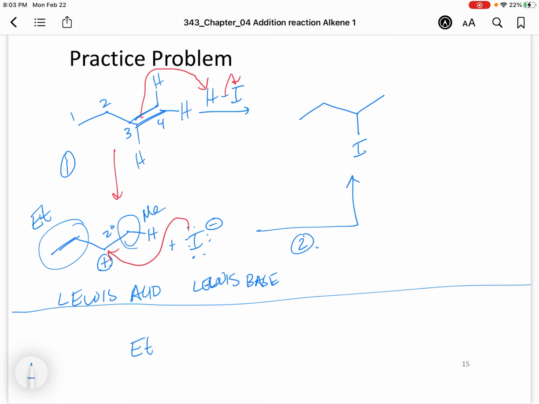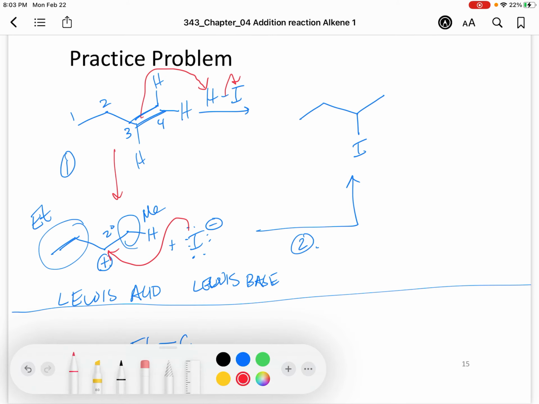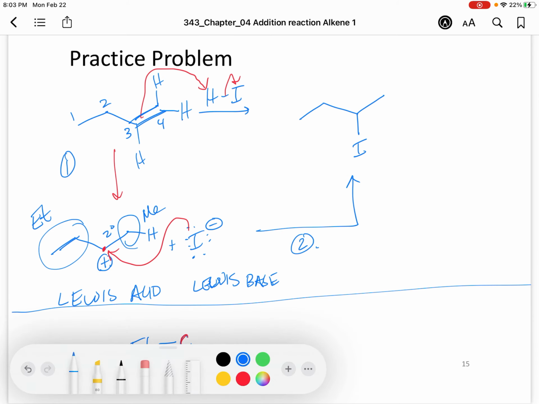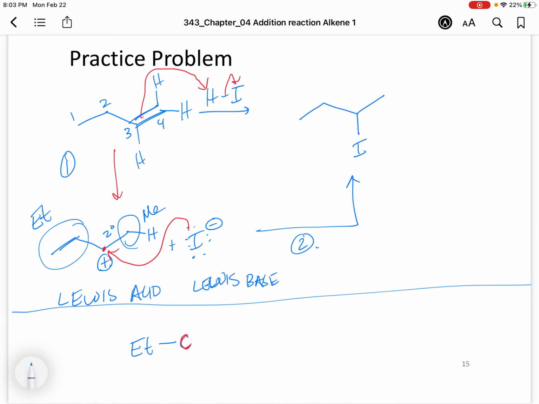So here's my ethyl. It's bound to a carbon, and I'm going to highlight this carbon here with a red dot. And what's also on this carbon that I'm not drawing above is a hydrogen. It was here, and then I just omitted it in the line structure below because we tend to not draw them in. I'm going to have this hydrogen coming out towards us, and then the methyl is going back.